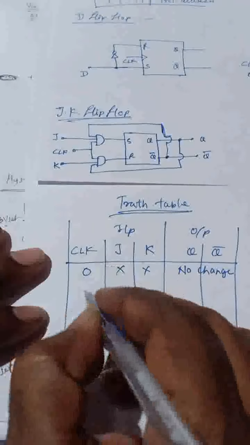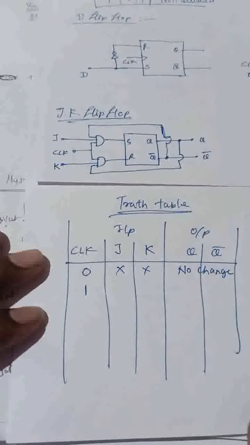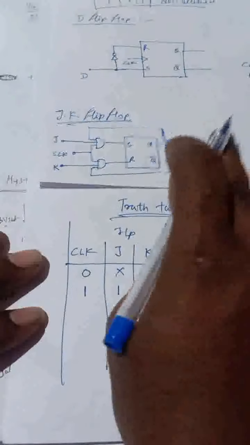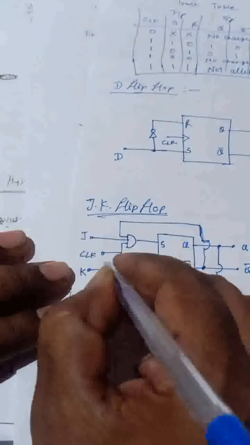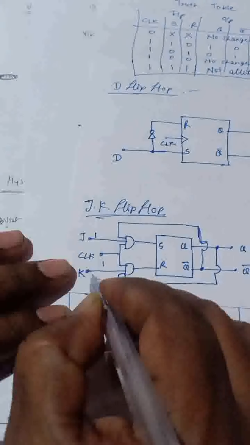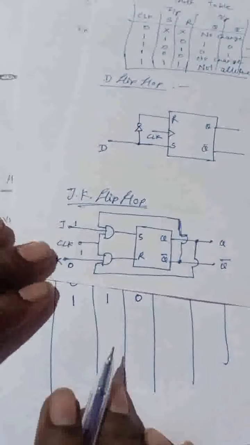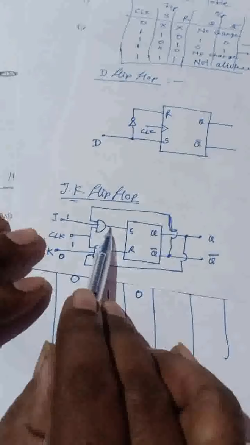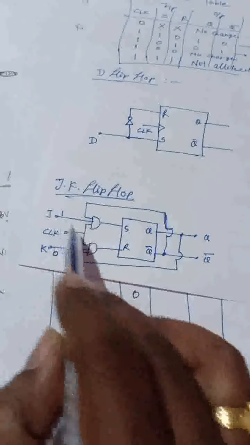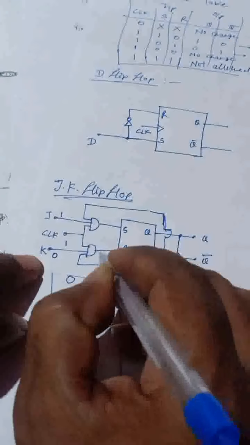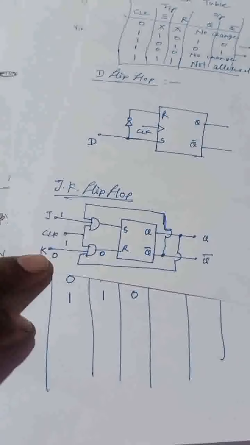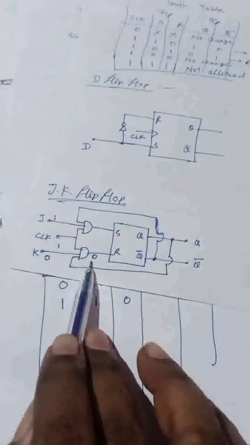Now consider clock is 1, J is 1 and K is 0. If we apply a clock here, then because of K equal to 0, its output becomes 0.